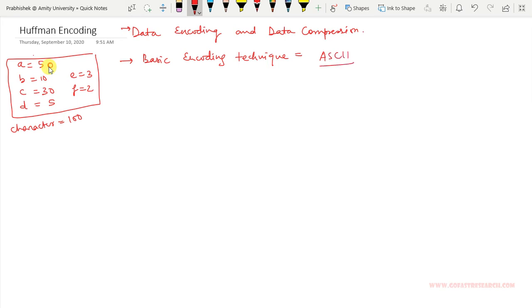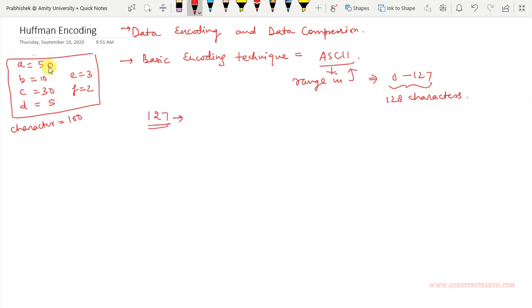Since we know that the range in ASCII encoding is 0 to 127, it supports 128 characters. Since it supports 128 characters, let's suppose there is a character representing 127.